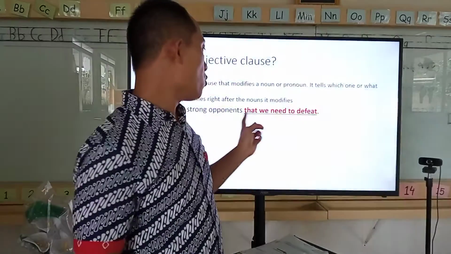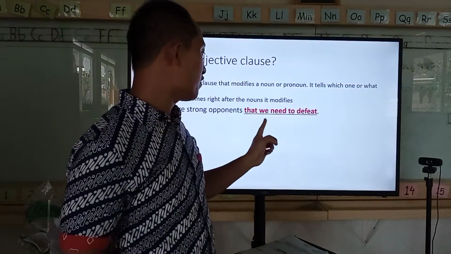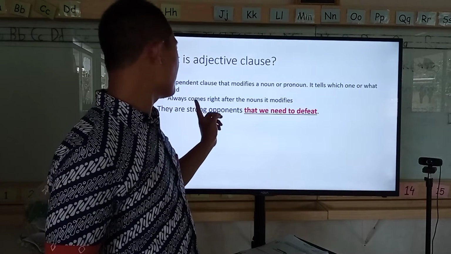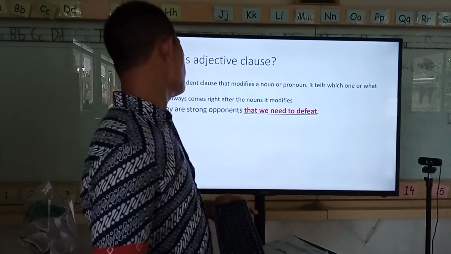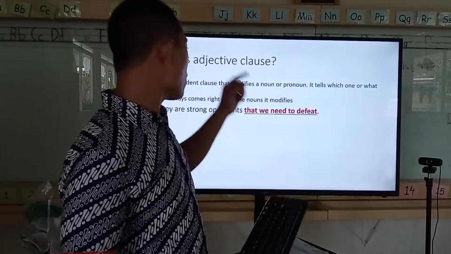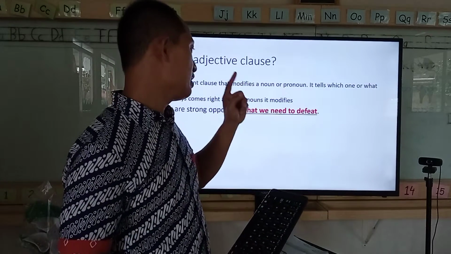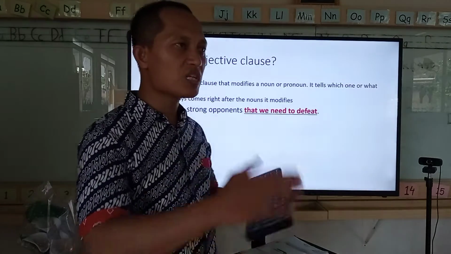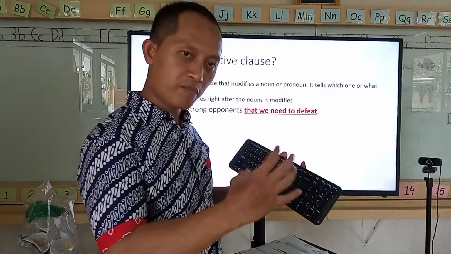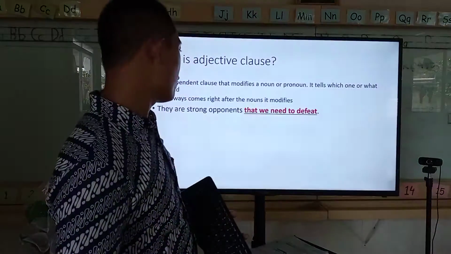We can add an adjective clause to define this strong opponent. One thing you have to note is that an adjective clause always sticks to the noun or pronoun that it modifies. It cannot stray away from the noun that it is modifying.